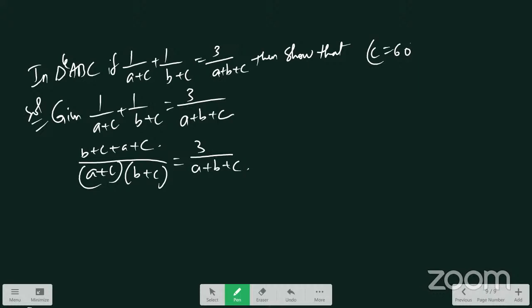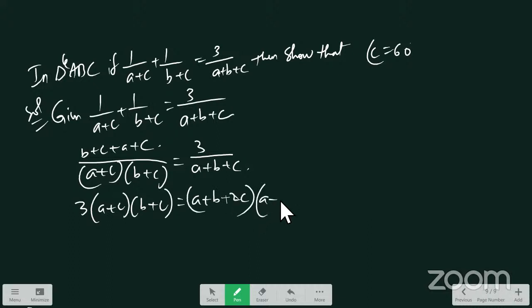That is 3 into (A plus C) into (B plus C) is equal to, this becomes (A plus B plus 2C) into (A plus B plus C).